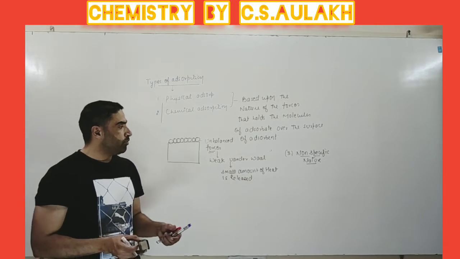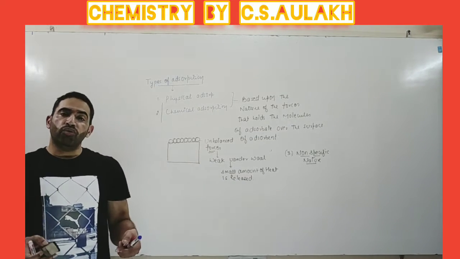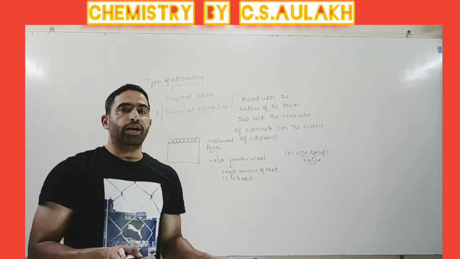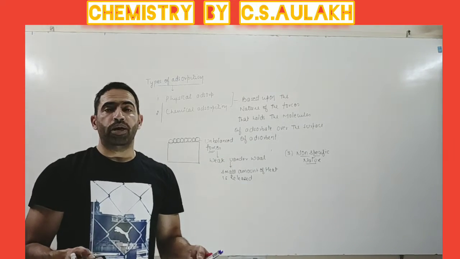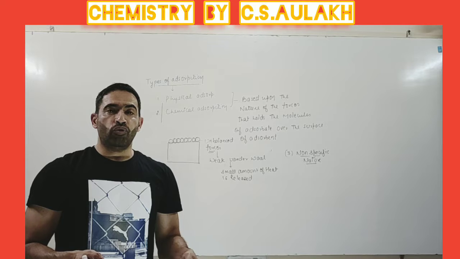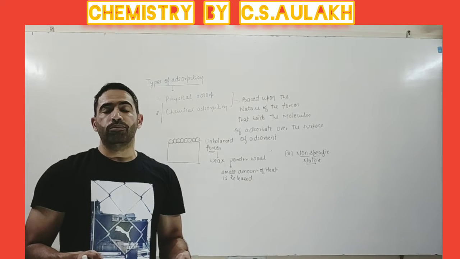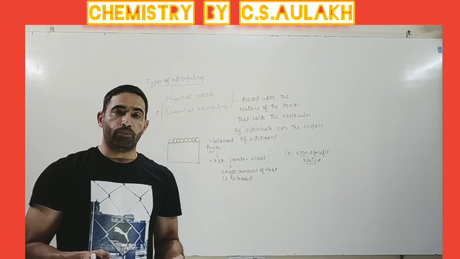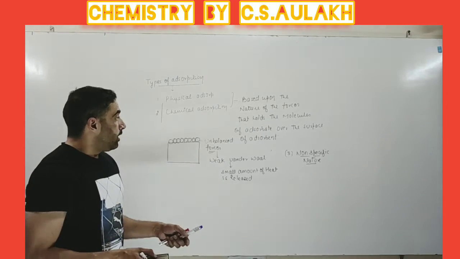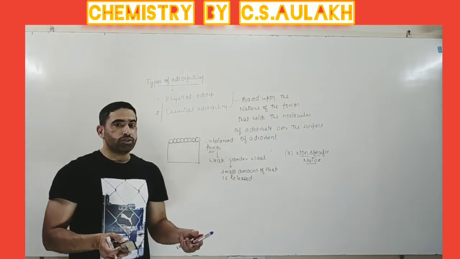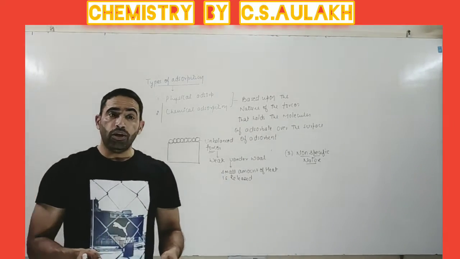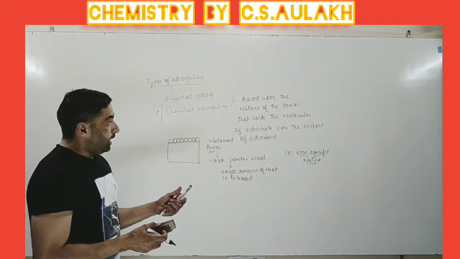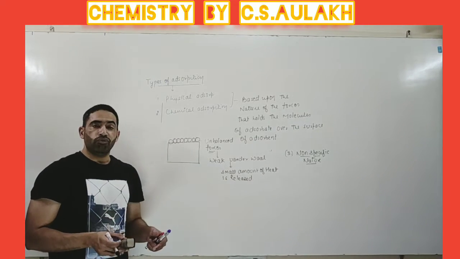Why does it come out very small? Because the amount of heat released during adsorption is directly proportional to the magnitude of the intermolecular forces responsible for holding the adsorbate molecules over the adsorbent. Here the forces are weak van der Waals forces, hence a lesser amount of energy is released as heat.